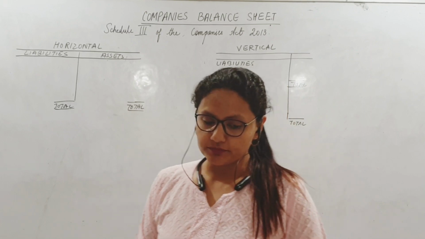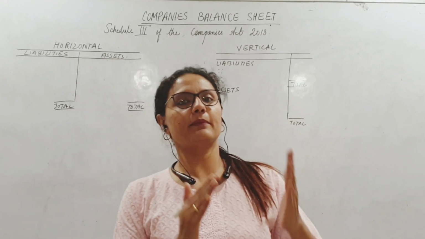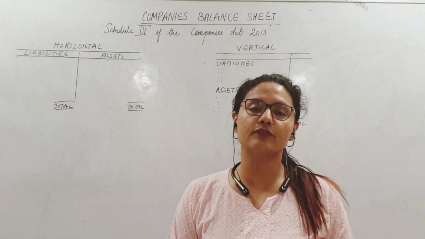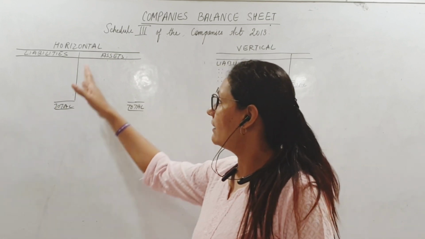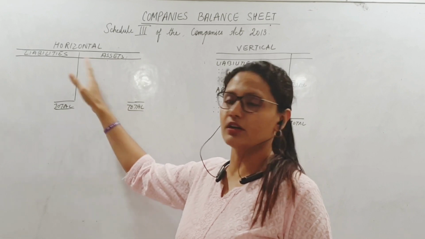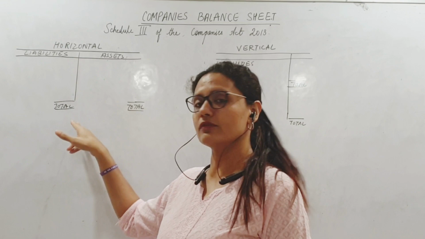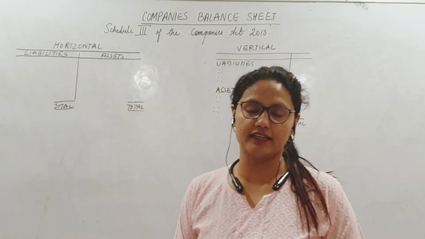Now, coming to the format. All this while we were doing sole proprietorship and partnership business, the final accounts of those, in which the balance sheet used to be presented in a horizontal manner. Horizontal meaning liabilities and assets side by side, like in account format, the T format, and the totals on either side.